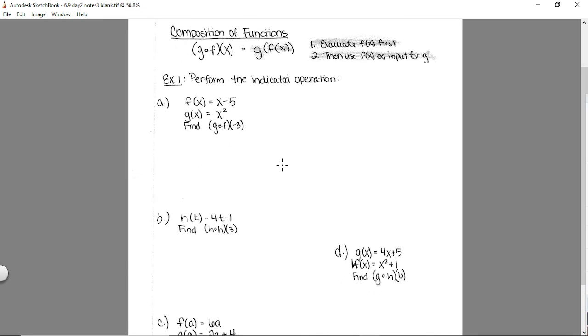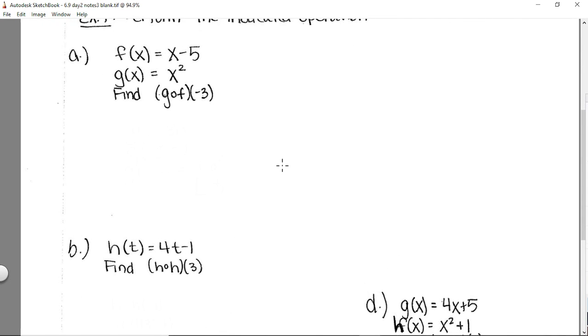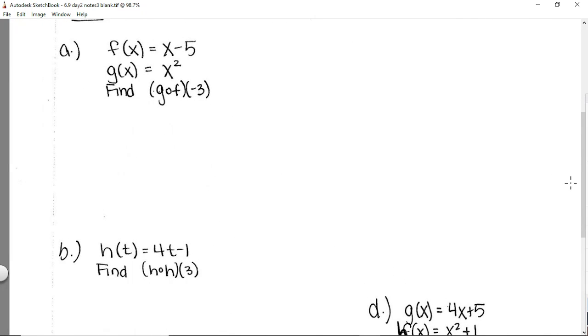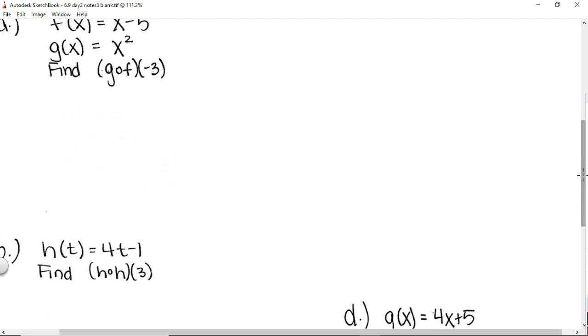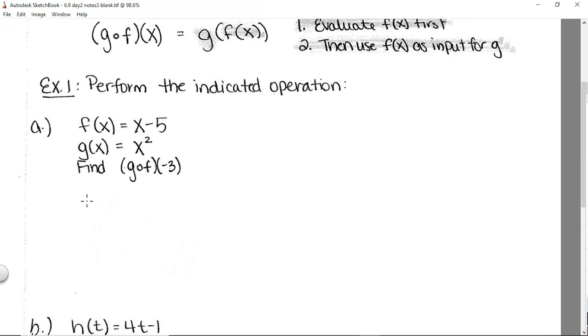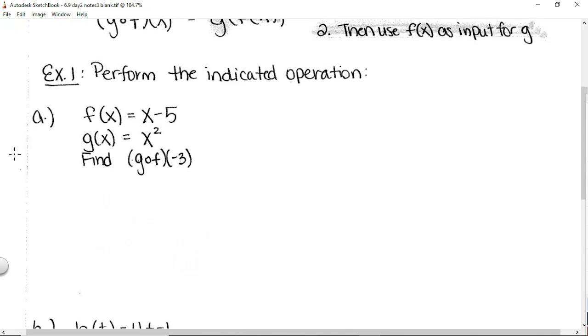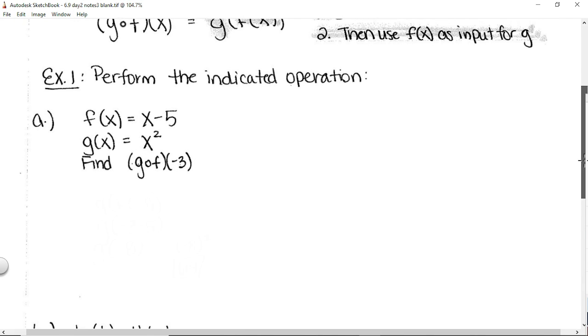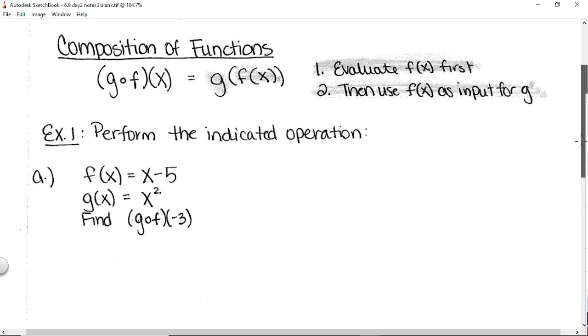Okay, so let's look at our examples. And the first one, we have f of x equals x minus 5, and then we have g of x equals x squared, and we want g of f of negative 3.